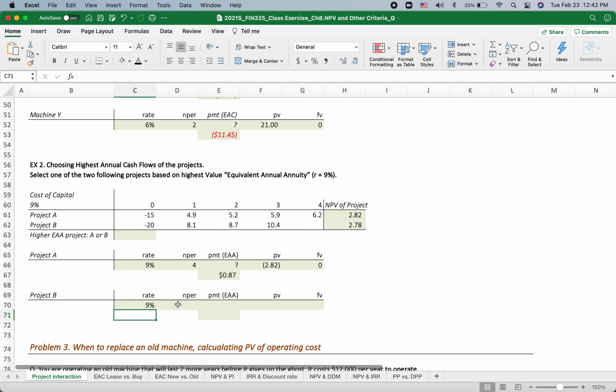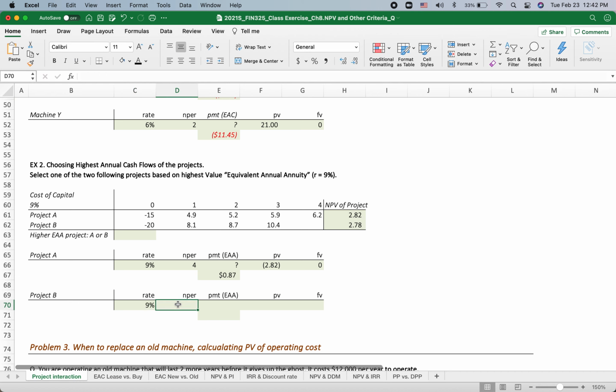Project B has a project life of 3 years, and the present value is 2.78. Then the PMT is calculated by PMT 9%, 3 years.